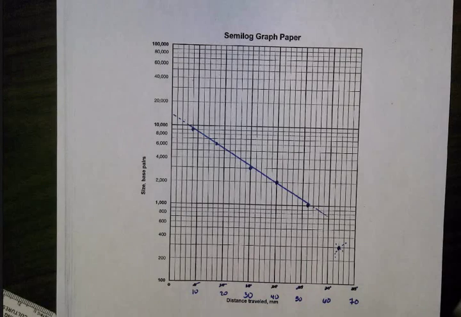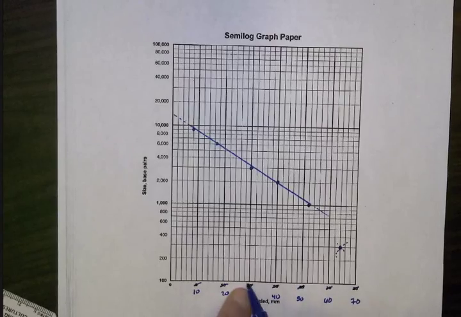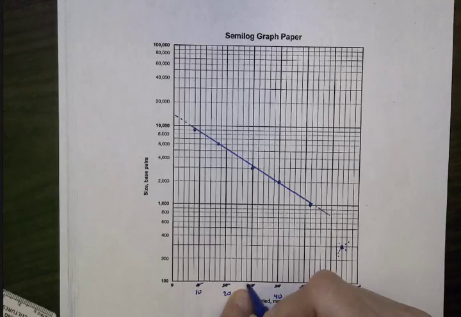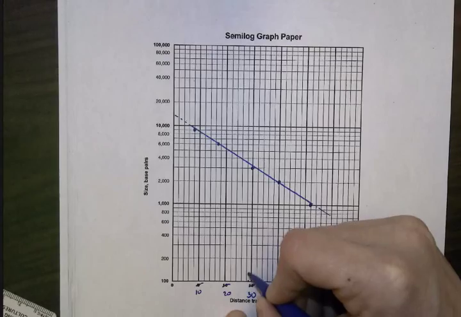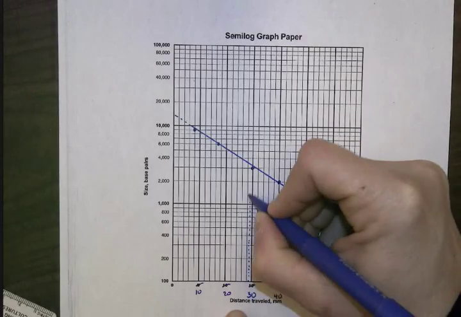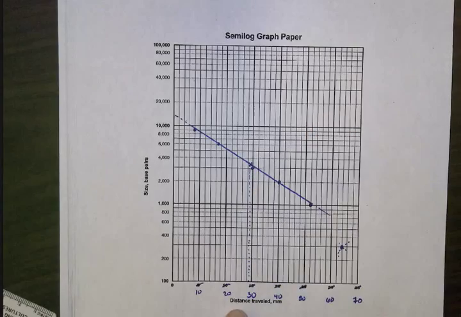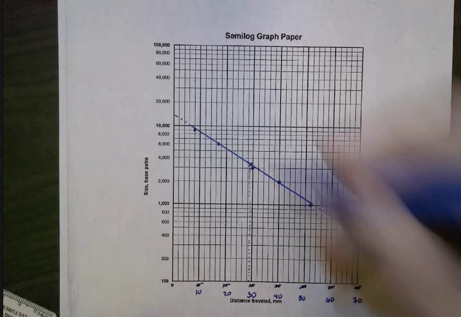And so we would go over here on the x-axis to 29 millimeters, okay, which is right here. And we are going to go up and follow our line halfway up to where it crosses our line of best fit. Then we are able to come over. Let me see if I can do this sideways.